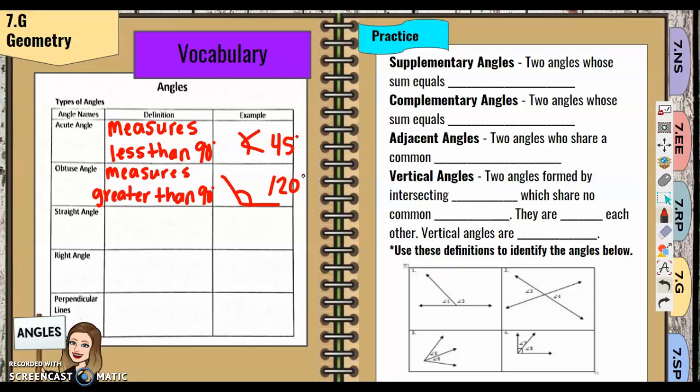And a straight angle is the same thing as a line. It equals 180 degrees. A right angle measures exactly 90 degrees. And you'll know that it's a right angle because there'll be a little square in the corner of that angle.